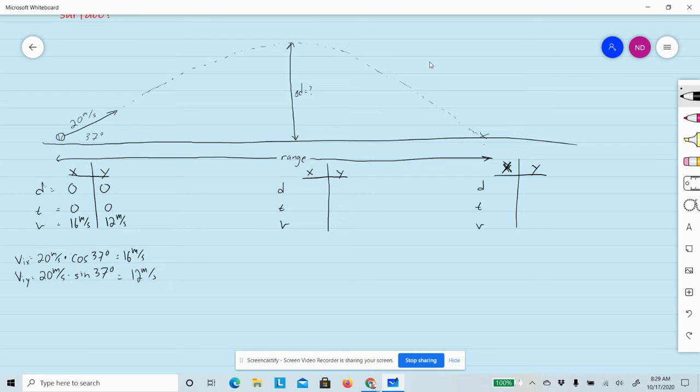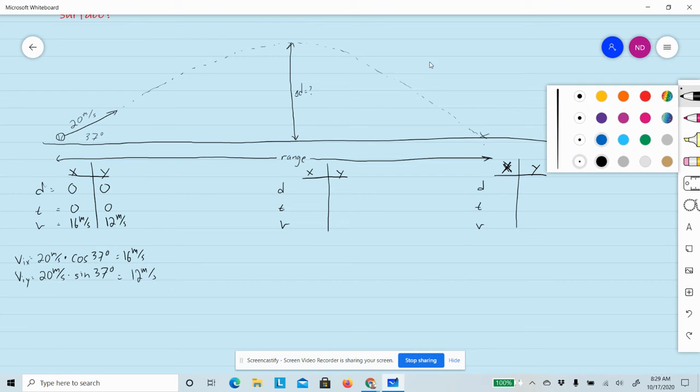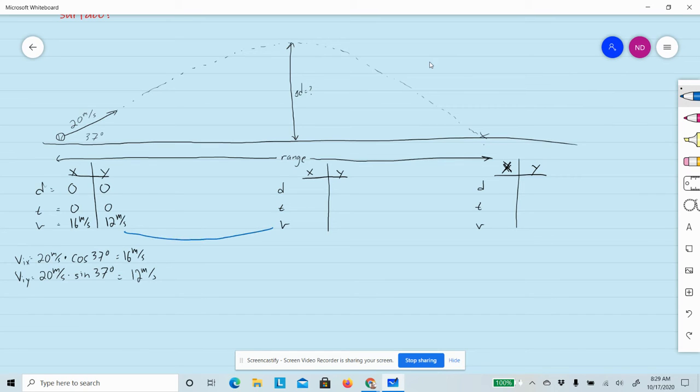And the next thing that's really critical is that when we go from here to here, the acceleration in the X is nothing. If we're ignoring air resistance, there are no sideways forces, and the only forces acting on them are vertically.